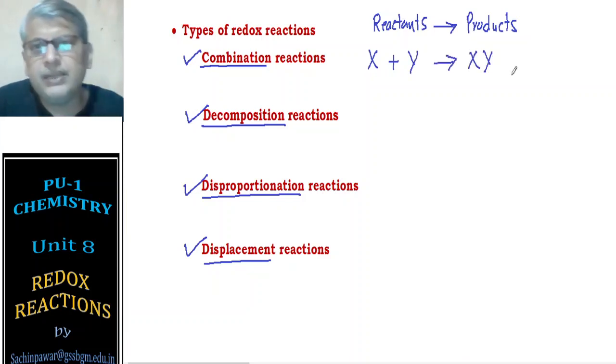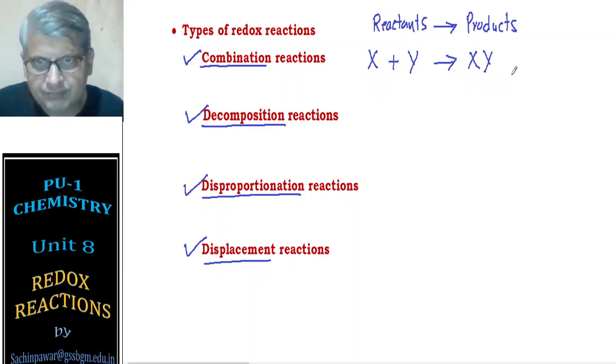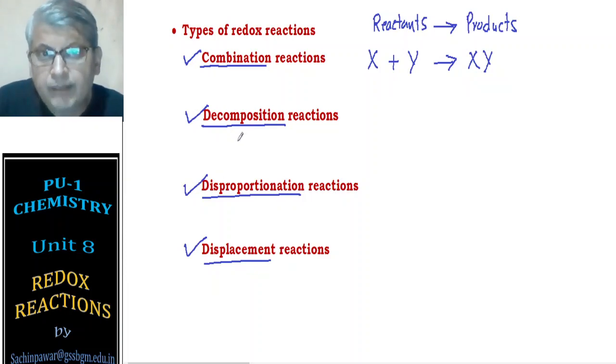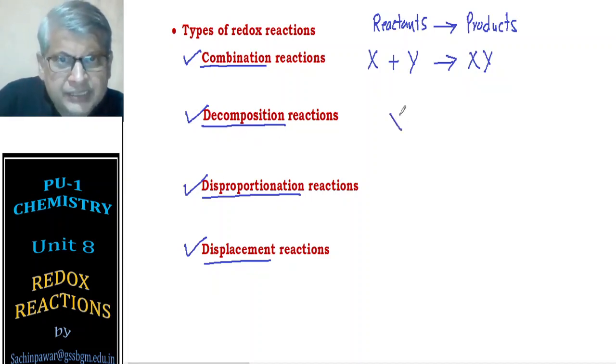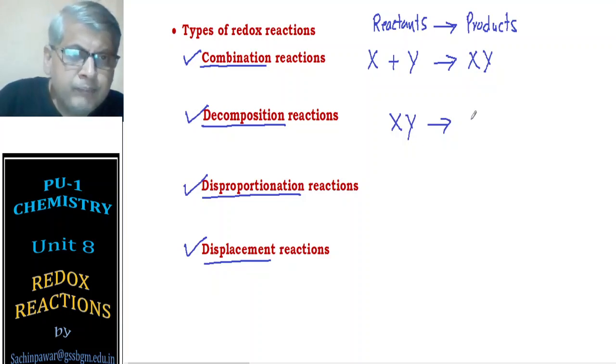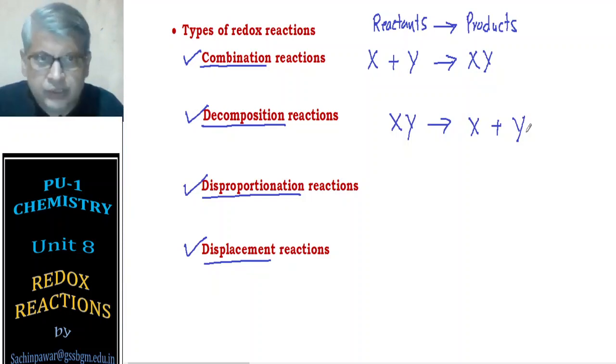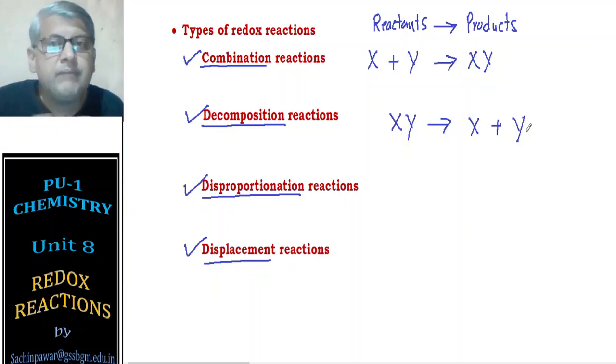This is a simple example where two elements combine to form a new compound. This is a combination reaction. Decomposition: suppose I have a compound XY, and because of certain chemical conditions, the XY decomposes into its corresponding elements. XY splits into X and Y, and that is called a decomposition reaction.